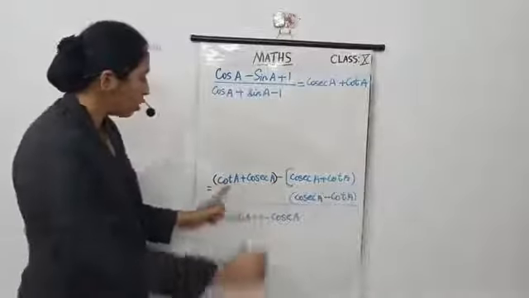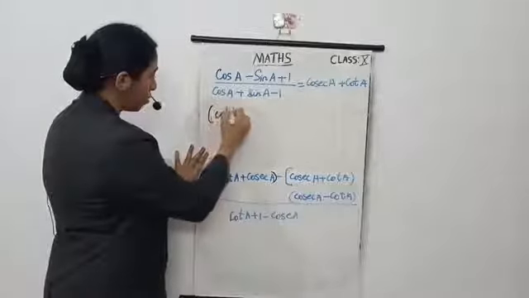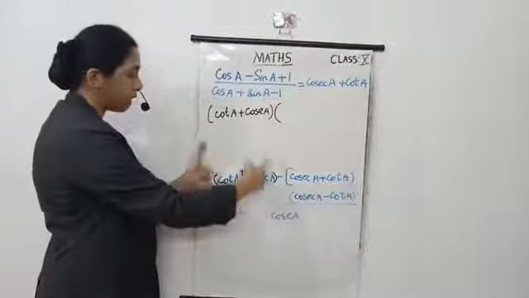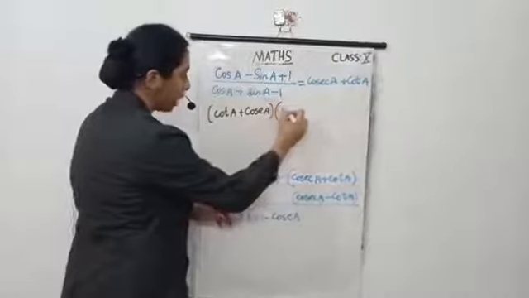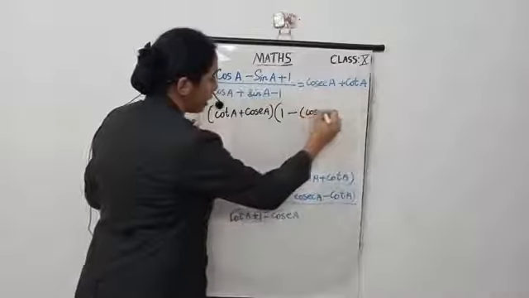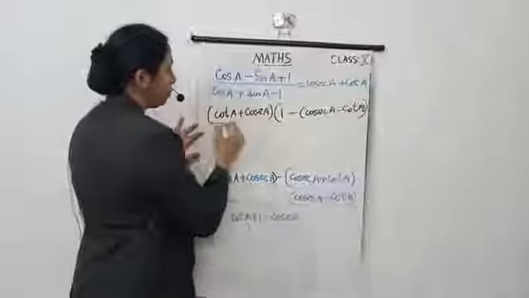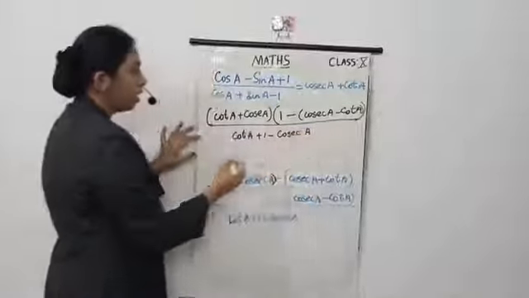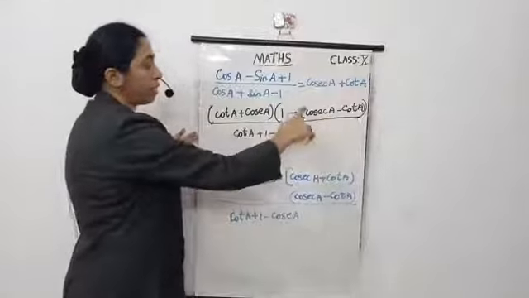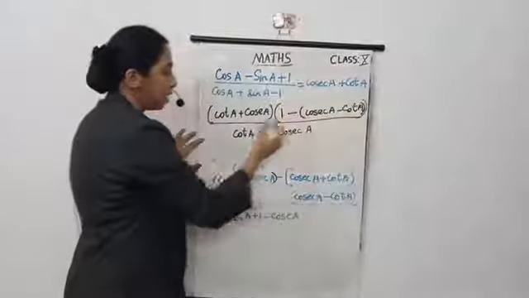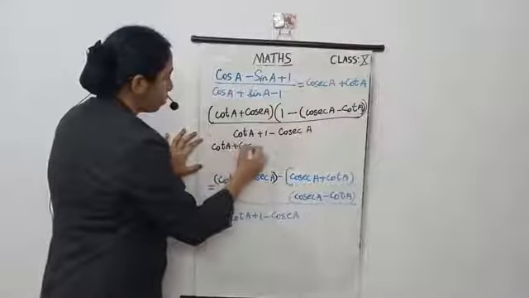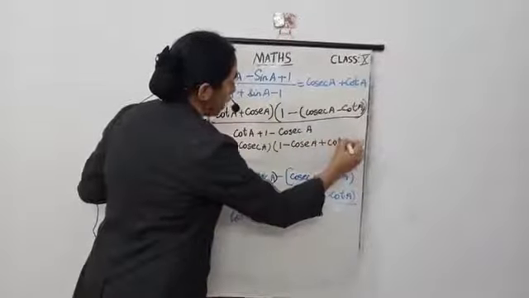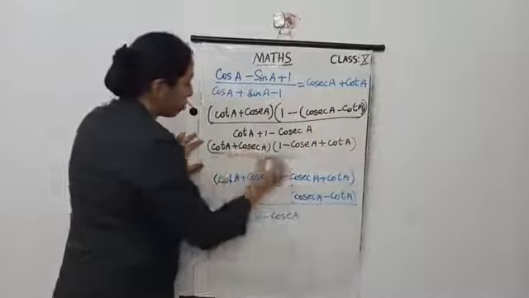So take the common term outside: cot A plus cosec A outside, then into 1 minus (cosec A minus cot A), divided by cot A plus 1 minus cosec A. Now minus into minus is plus, so this is equal to (cot A plus cosec A) into (1 minus cosec A plus cot A), all divided by this.